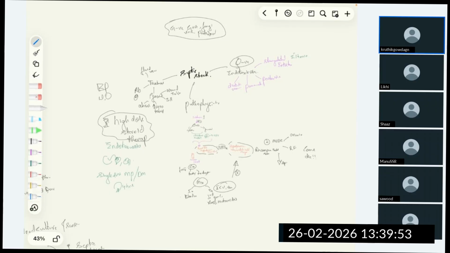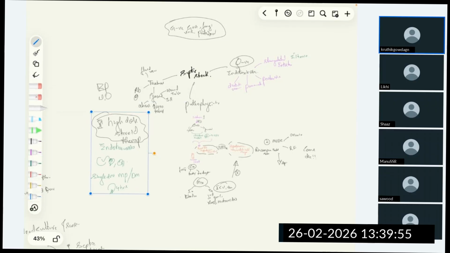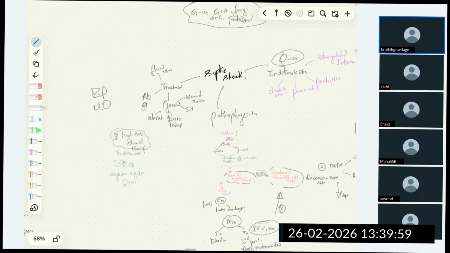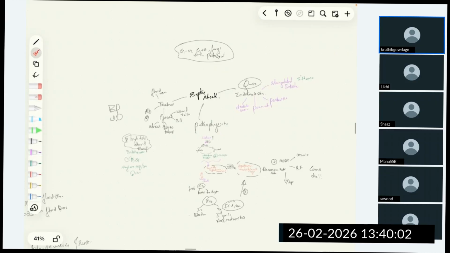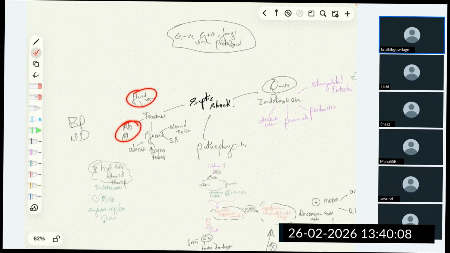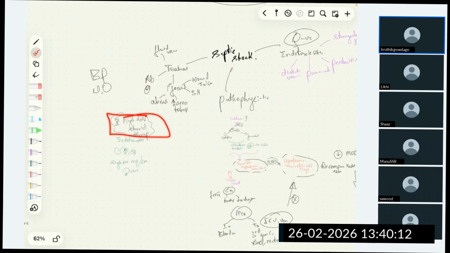This is a very interesting point. Please note this: giving short-term IV steroid. Okay, septic shock. We discussed the pathophysiology, the causes, the treatment, fluid management, antibiotic therapy, treatment of primary focus, and short-term high-dose steroid therapy, which is of help.